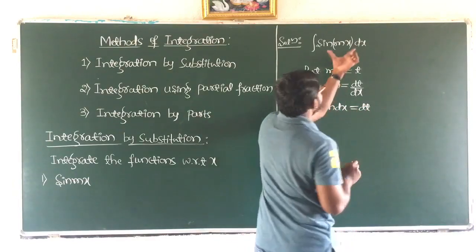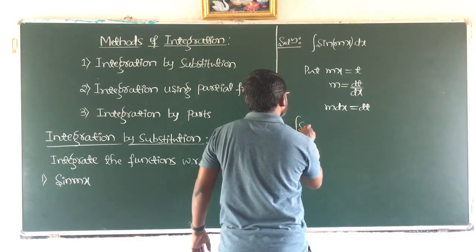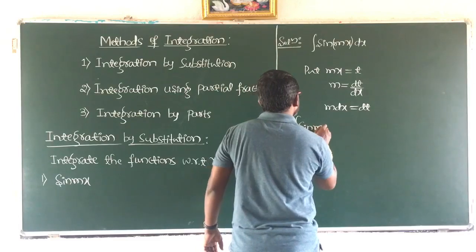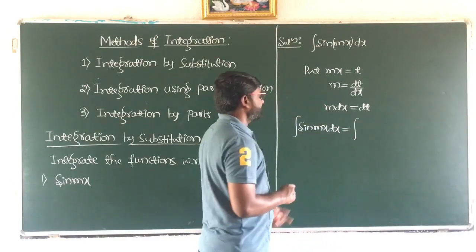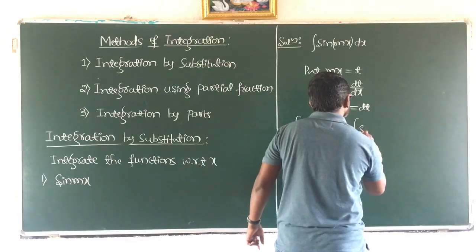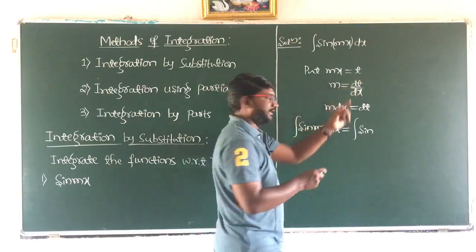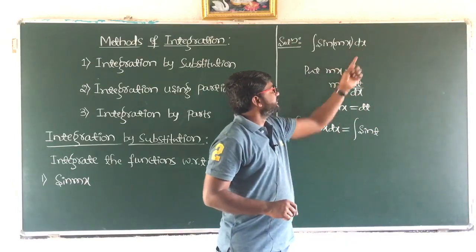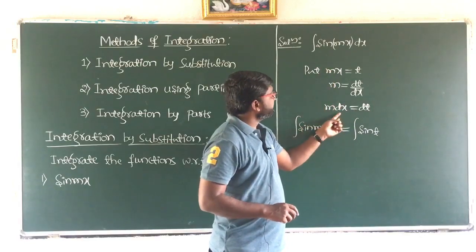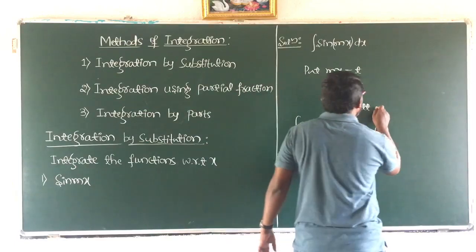So now rewrite the given integral. Integral sin mx dx equals integral sin, write it as it is. Then what is mx here? mx is t. So it is sin t. Then dx. Take m to the RHS, it becomes dt by m.